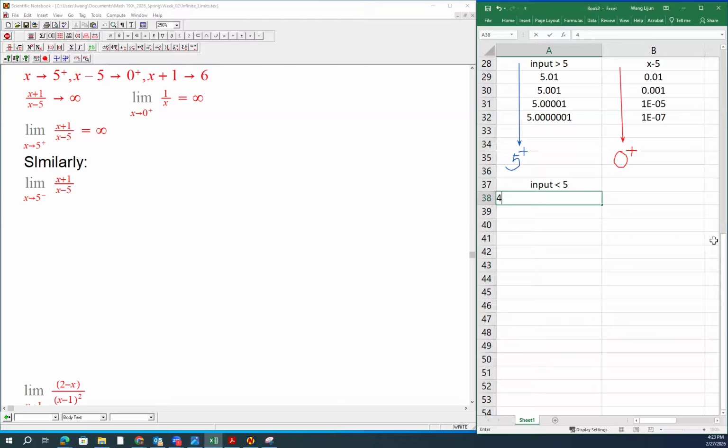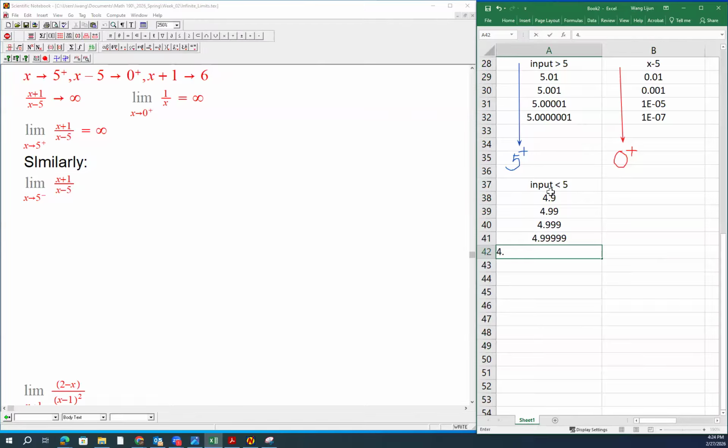So what are the numbers we're talking about? We're talking about 4.9, 4.99, 4.999, and 4.99999, right? So as close to 5 as possible, but smaller than 5. We can let this process keep going.